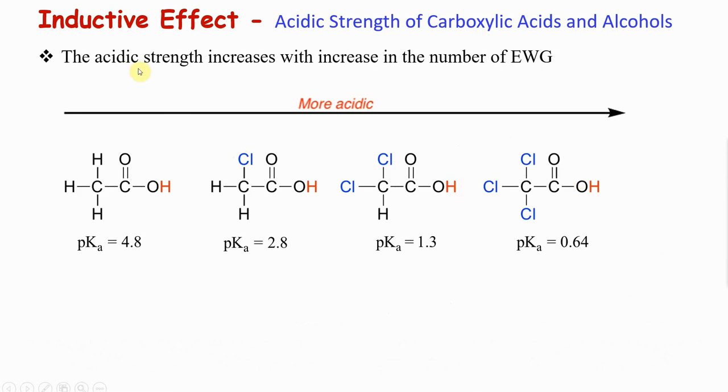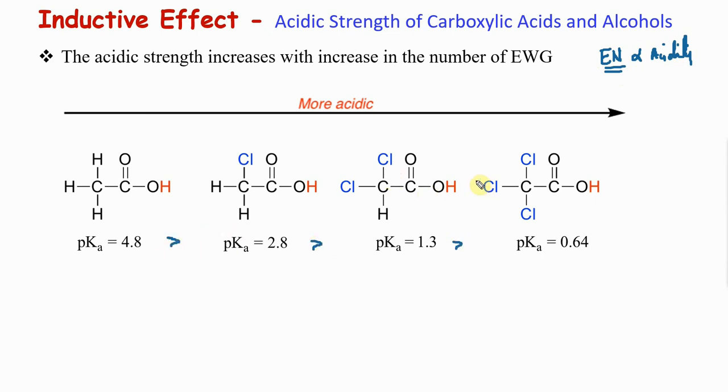The next property we are going to see is that acidic strength increases with increasing number of electron withdrawing groups. It's an extrapolation of the previous rule. We said that if an electronegative element is present, acidity is higher. Correct? Now what if I have more electronegative elements? It should increase acidity. That's what this means. So look here at the pKa values.